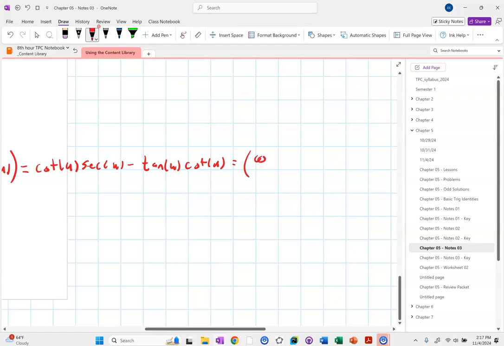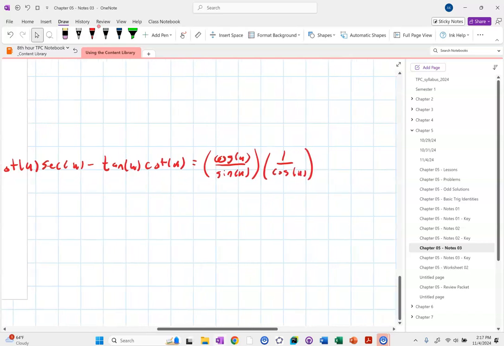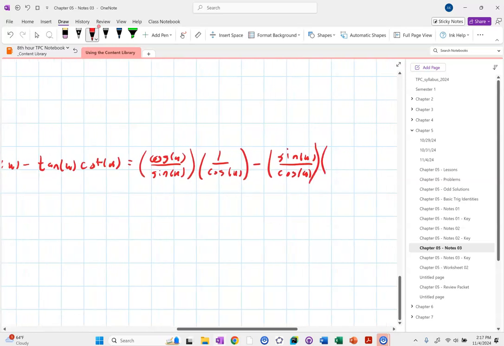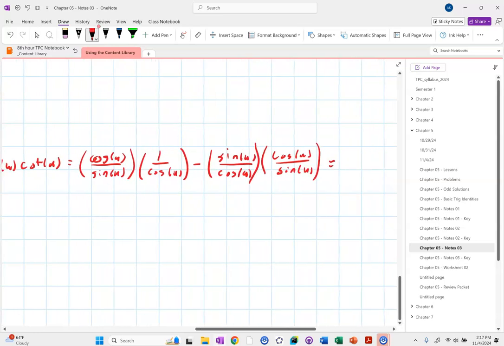So I'd use Q1 and the reciprocals, and then Q2 and the Q1, and just cancel some.